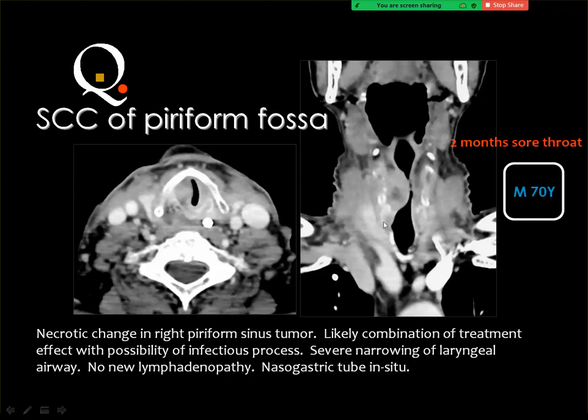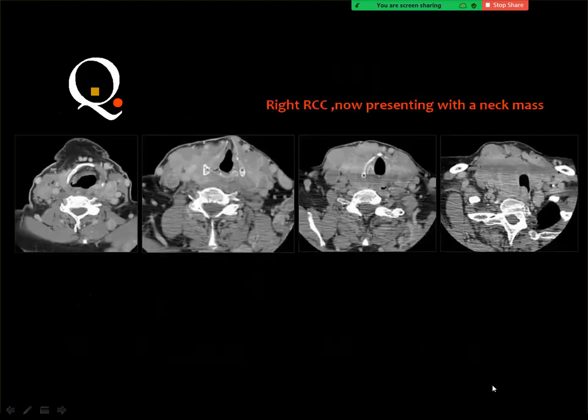Sometimes there is overlap between laryngeal carcinoma and the carcinoma of the piriform sinus. The piriform sinus is related to the pharynx, while this area is related to the larynx. And whenever the tumor is large enough, sometimes you cannot differentiate between both.